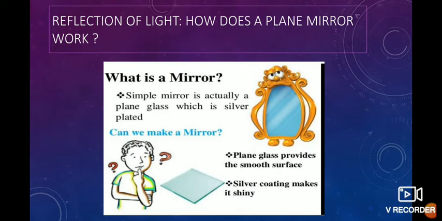On one side, it is coated with a silver paint so that light cannot pass through it but gets reflected back. When I stand in front of such a glass plate with a silver coating on the other side, it becomes a mirror. And what I see in a mirror is an image.